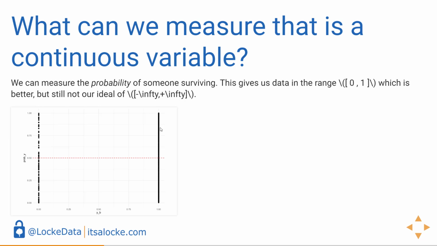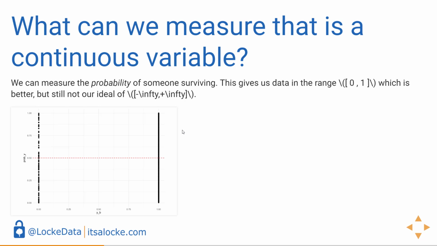Whereas if somebody did survive, hopefully their probability of surviving from our model would be quite high. And we can say then, from a very simple classification, that if they had a sub 50% probability of surviving, then if we were doing just a discrete classification, we would say that they didn't survive as our prediction. If they had a probability greater than 50%, we would predict that they survived.